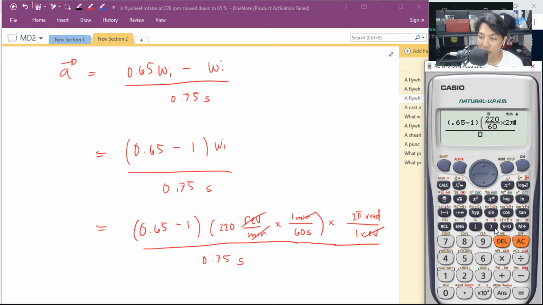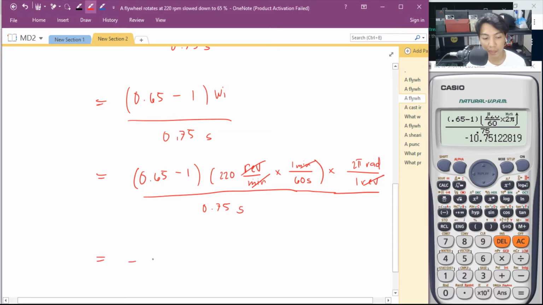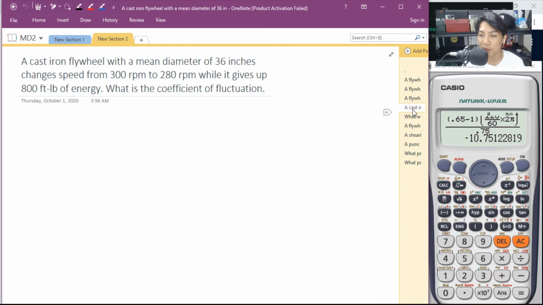And then let us divide this by 0.75. Dapat negative ang maging answer kasi deceleration rate. So the answer will be negative 10.75 radians per second squared. That is for problem number 3. How about problem number 4?